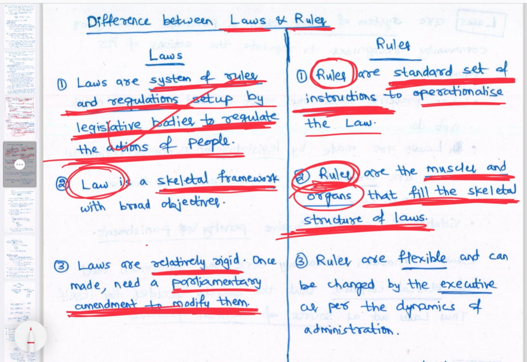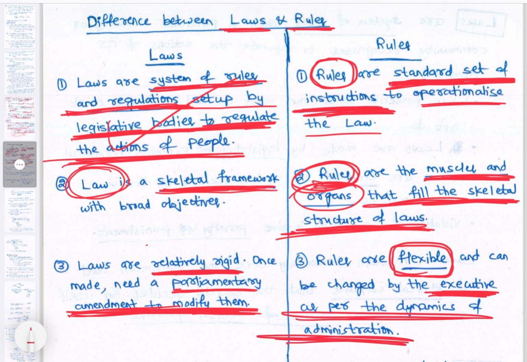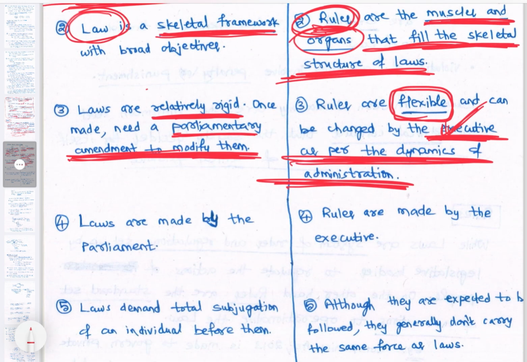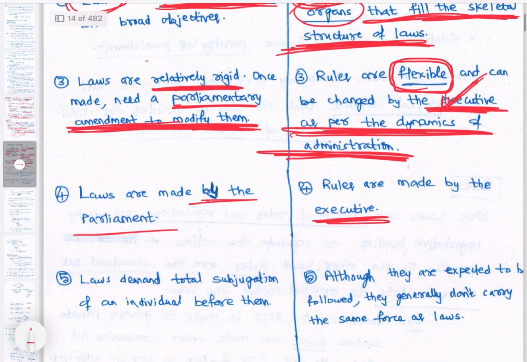Rules are flexible and can be changed by the executive as per the dynamics of administration. Laws are made by Parliament, rules are made by the executive.